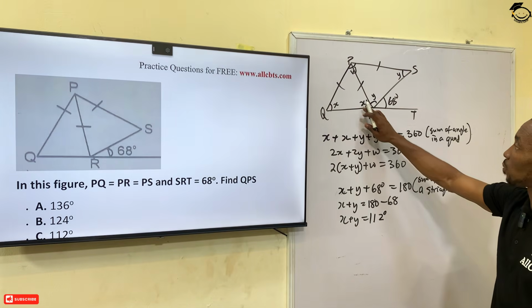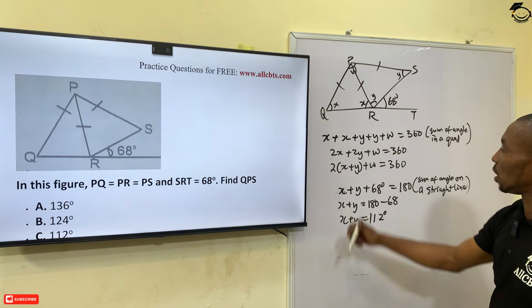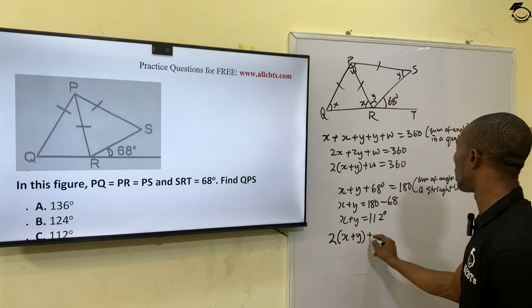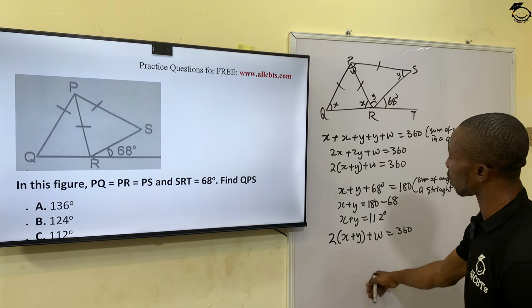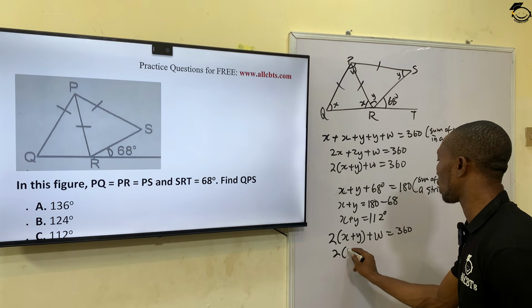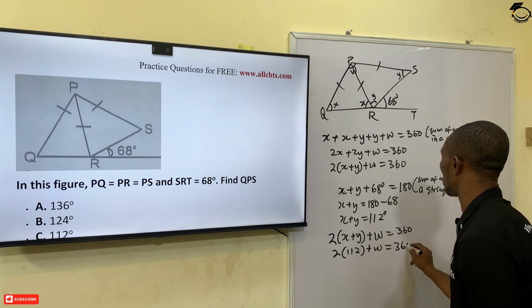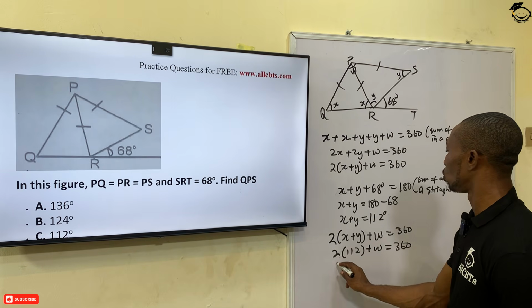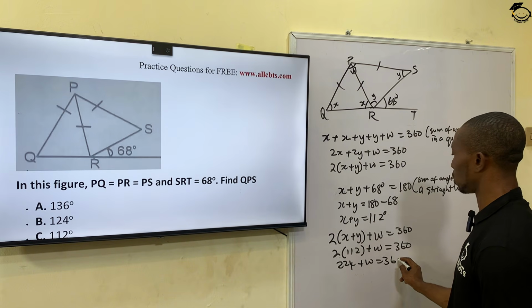Now, knowing that x plus y is 112 degrees, back to this where we have 2 bracket x plus y plus w equals 360. So x plus y is 112. So this becomes 2 bracket 112 plus w equals 360. So 2 times this will give us 224 plus w equals 360.